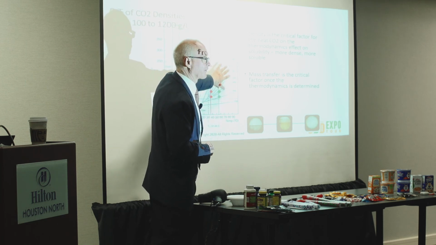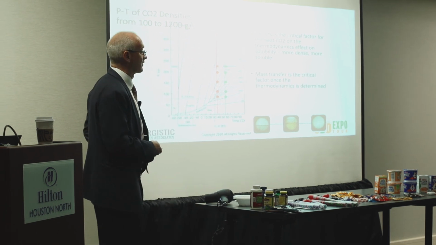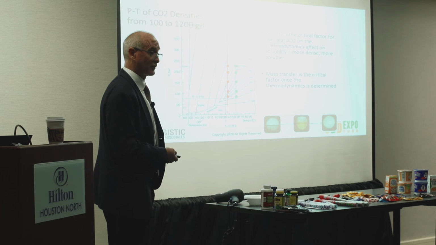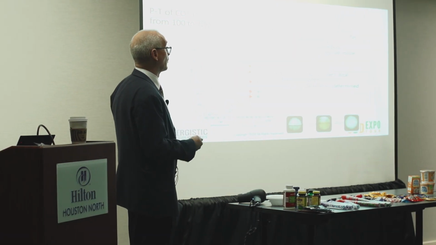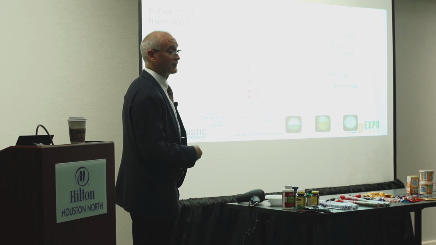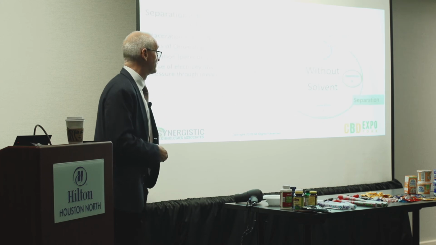Each one of these provides a different type of extraction, but it also gives you a different type of compounds that you're extracting. So now you want to know what those are, and which is the best type of extraction, what's the best pressure for what you need for a formulation.